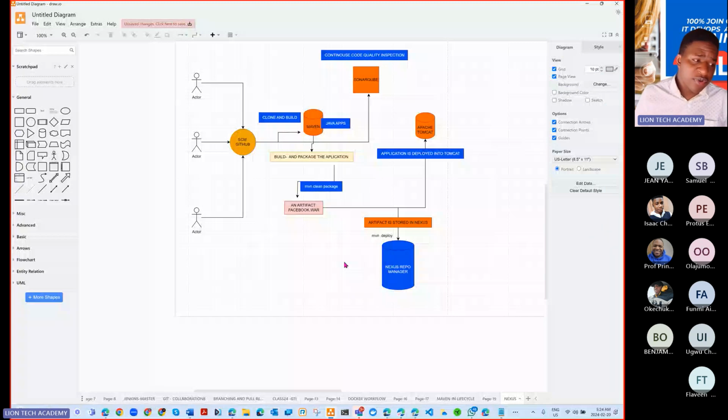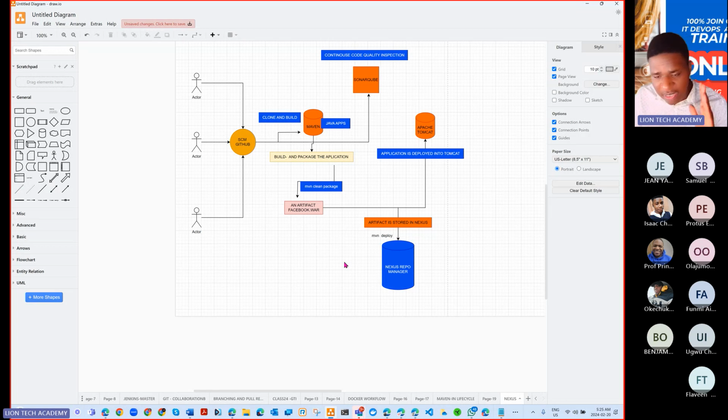But as we progress, we are going to be able to automate this entire process with a tool called Jenkins. If we use Jenkins, we will learn how to set up build, test, and deploy automated systems so that we don't have to do all of these things manually.